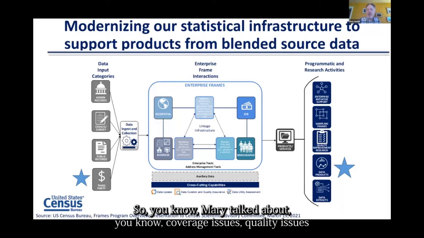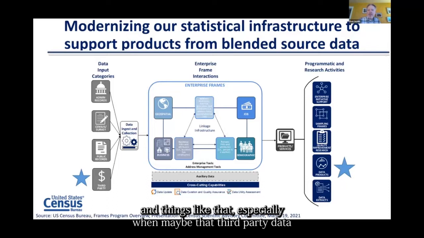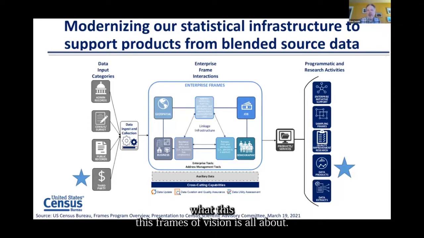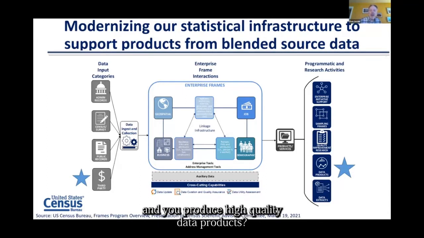So Mary talked about coverage issues, quality issues, and things like that, especially when that third-party data is not as stable, in the sense that companies agree today, but maybe not tomorrow. You need some way to sort that out, and that's really what this frames vision is all about.